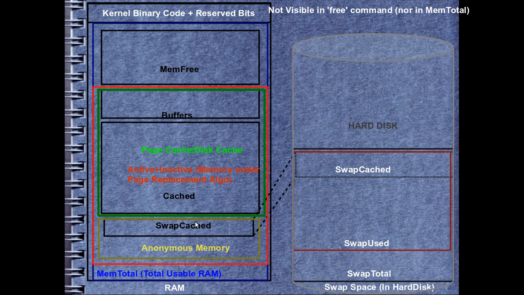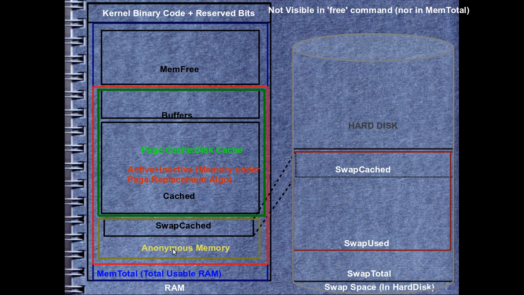In case the same part which is swap cached is required to be cleaned up by the page replacement algorithm, or is required to be flushed off, we need to free up memory from it. We are not required to swap it out again, and we save some IOs and it becomes faster. So the page replacement algorithm keeps track of it.